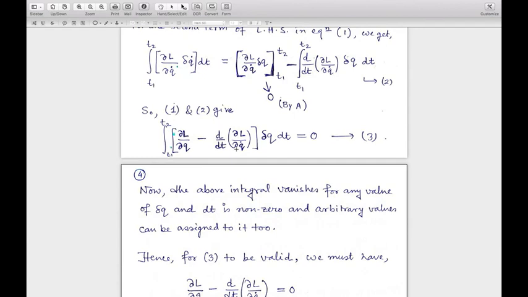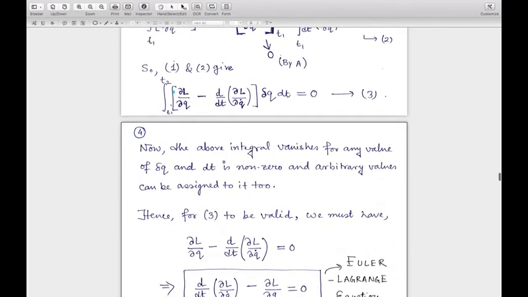That means if you expand the whole thing by saying q_1, q_2, that will be the integration over t_1 to t_2 of ∂L/∂q_1 minus d/dt ∂L/∂q̇_1 times δq_1 dt, plus ∂L/∂q_2 minus d/dt ∂L/∂q̇_2 times δq_2 dt, plus up to q_s, so i equal to s. So there will be s terms like that.